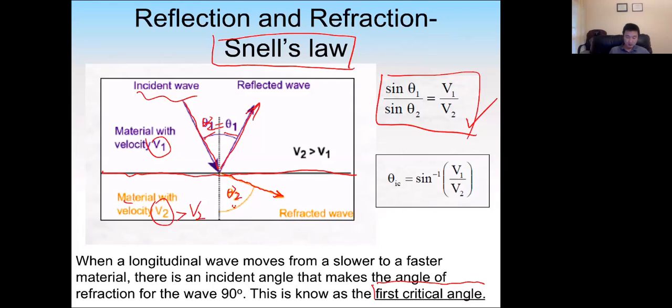If we increase the incident angle, theta 1, theta 2 will also increase. At a certain point, theta 2 will be 90 degrees, so the wave will travel like this. We call that angle theta 1, the incident angle, the first critical angle.